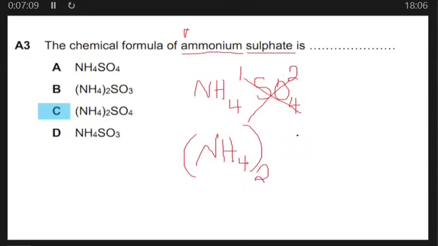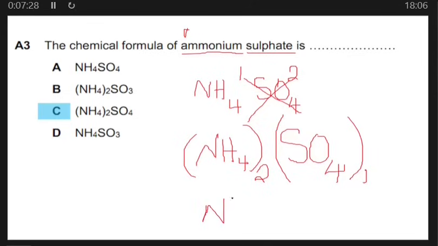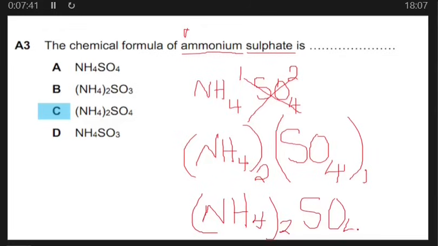Then you get SO4, then this 1 times everything in the brackets to be the same, so this formula will come to as (NH4)2SO4, which will be C.